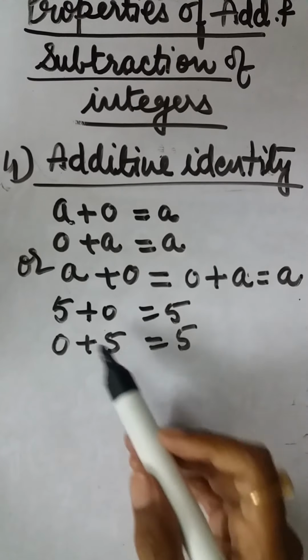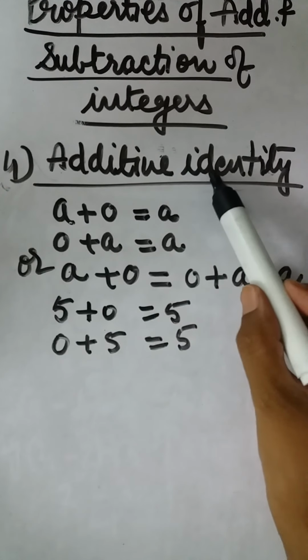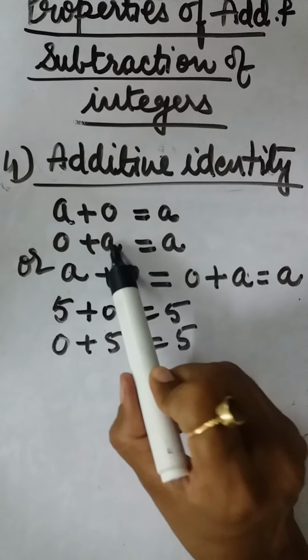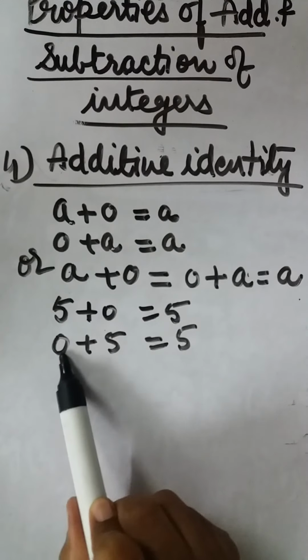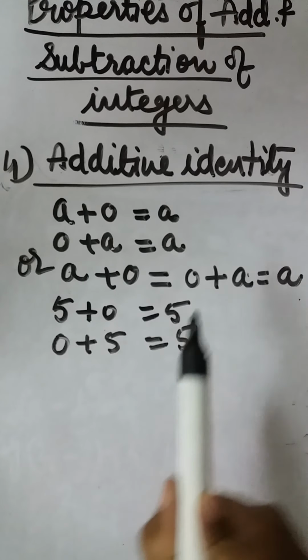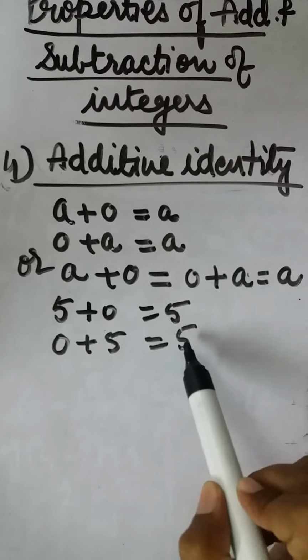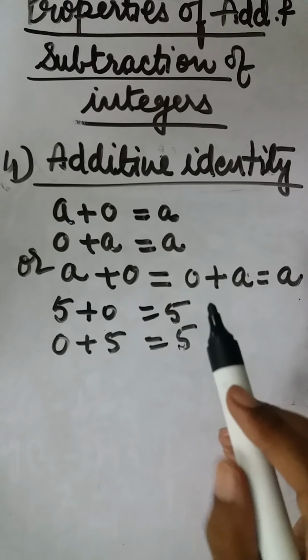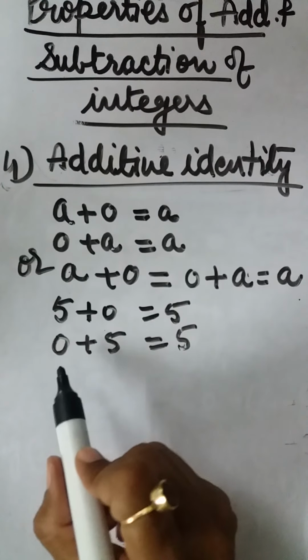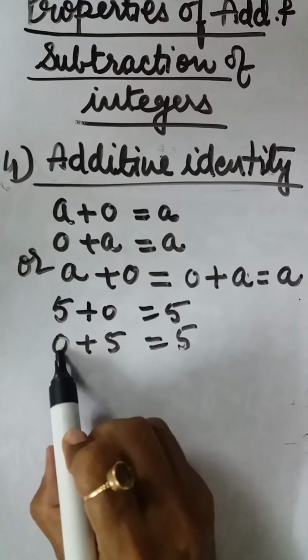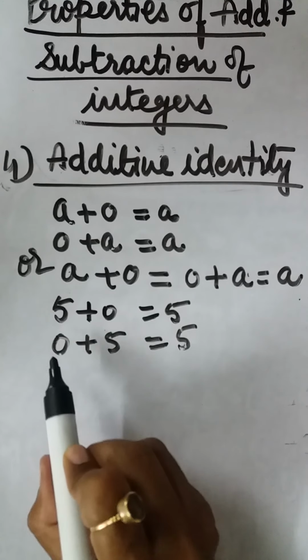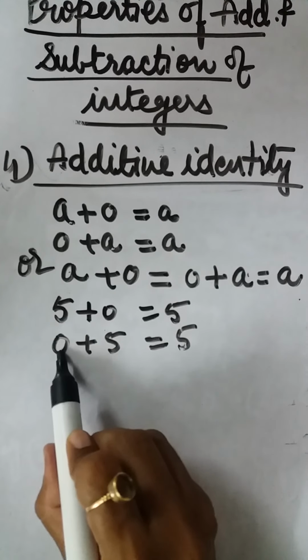So the identity of the integer added with 0 always remains the same. It means any integer doesn't lose its identity. And here 0 is the additive identity element.